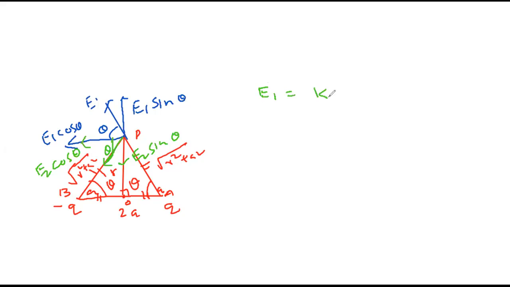E1 will be kq upon root of r square plus a square, the whole square.